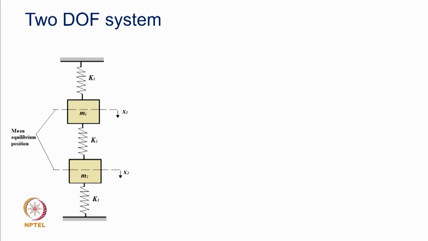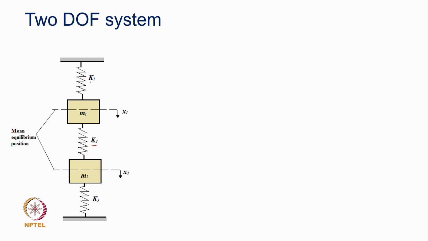We now assume that some of the examples that we saw in the previous slides can be modeled like two individual masses, M1 and M2 here, separated through springs, maybe K1 and K2. Usually K1 and K2 will suffice.